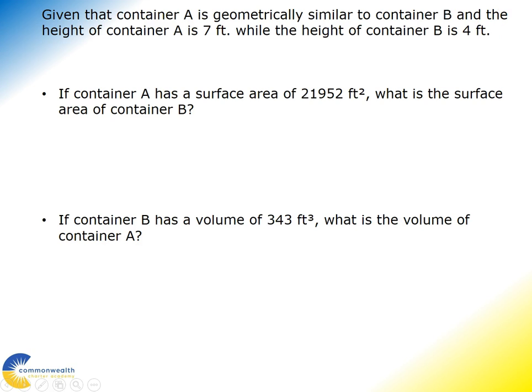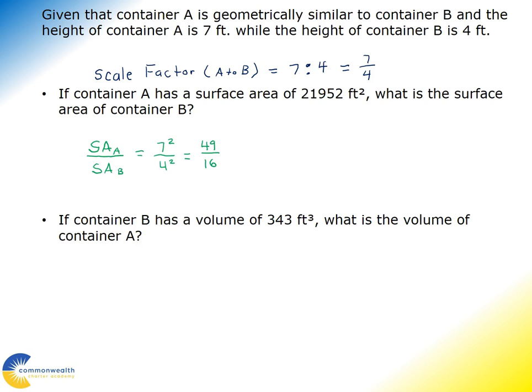Well, since they're telling us that the scale factor is essentially, and I'm doing A to B, that's how I'm defining it here, a 7:4 ratio, that means that the ratio of surface areas would be the square of this, or a 49:16 ratio.